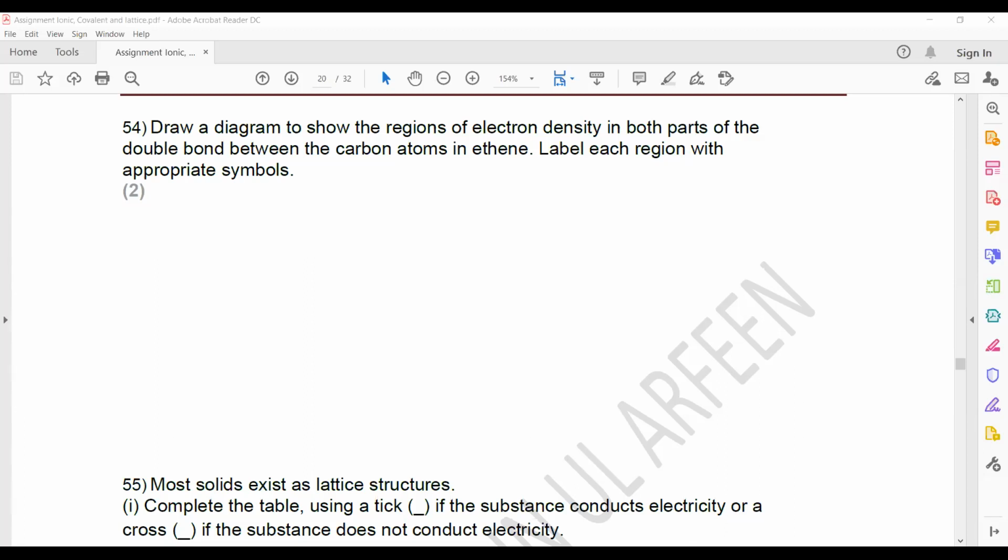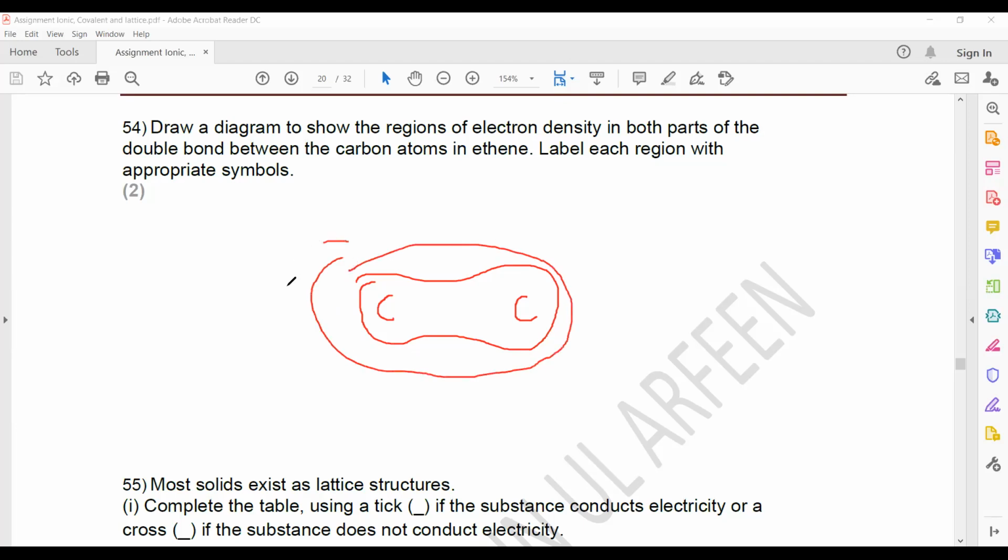So how we represent only the carbon-carbon double bond: two carbon atoms, these contours. And you will mention the bonds here, double bonds.